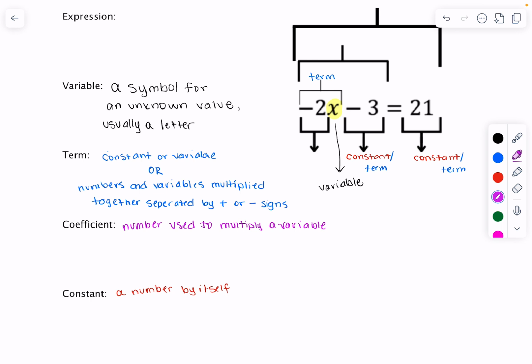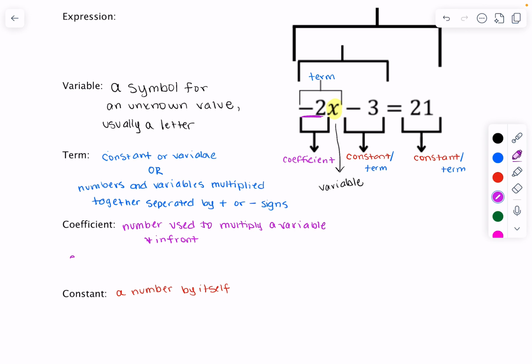A coefficient is also considered the number in front. I'm going to give a couple examples. The example in the infographic here is this negative 2. That negative 2 right here, just the negative 2, not the x, is considered a coefficient.